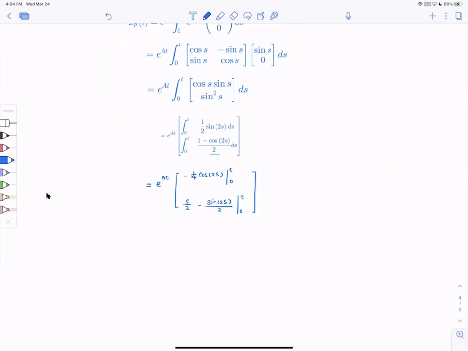Yeah, it is correct. So this will give you e to the At, and then negative 1 over 4 cosine 2t plus 1 over 4. And the lower should be t over 2 minus sine 2t over 4.